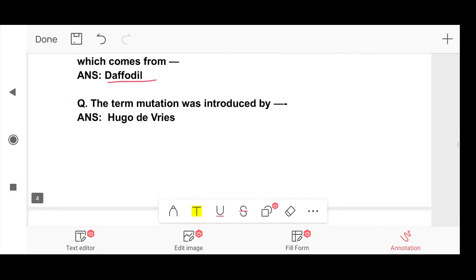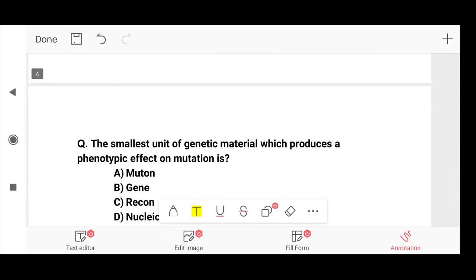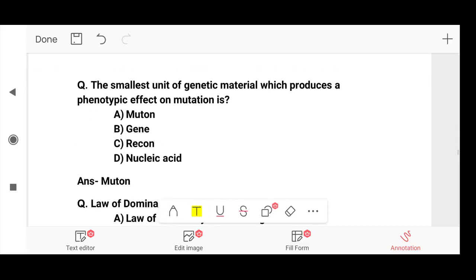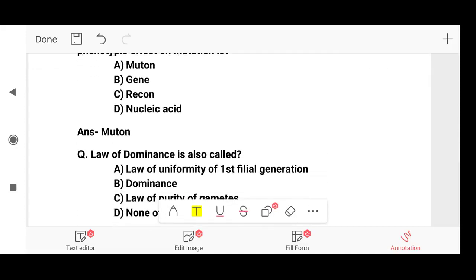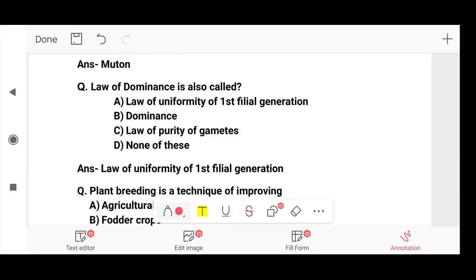Next, the term mutation was introduced by, and the answer is Hugo de Vries.